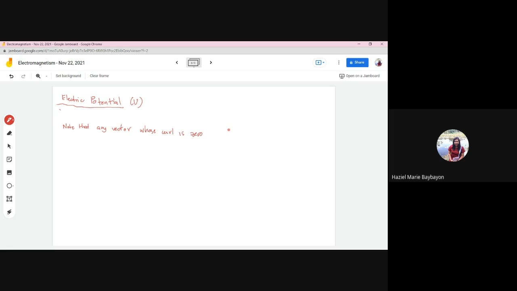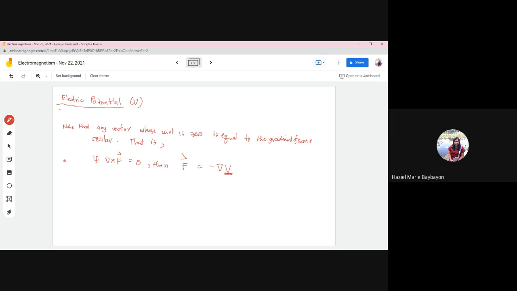So any vector whose curl is zero is equal to the gradient of some scalar function. That is, if the curl of F is equal to 0, then F can be expressed as the negative of the gradient of some scalar. So this is a scalar function here.